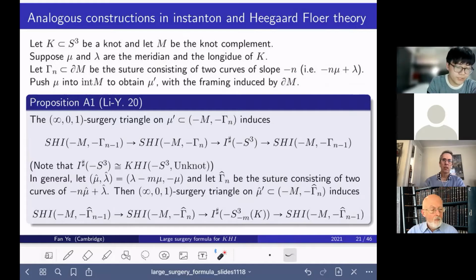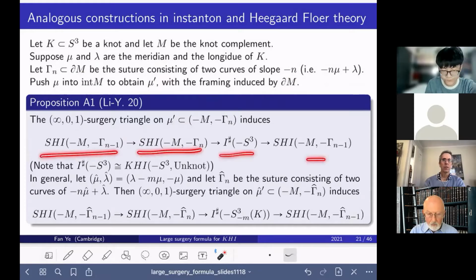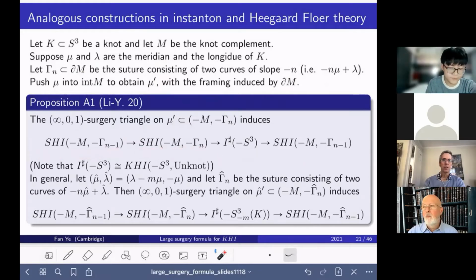If we push the meridian mu into the interior of M to get the curve mu prime, and consider the framing induced by the boundary of M, then the surgery exact triangle on mu prime will give us the following exact triangle. So this is the exact triangle between 2 SHI, one for gamma_{n-1}, and the other for gamma_n.